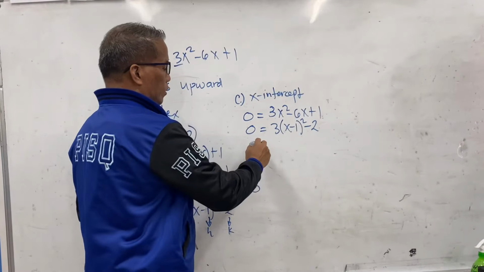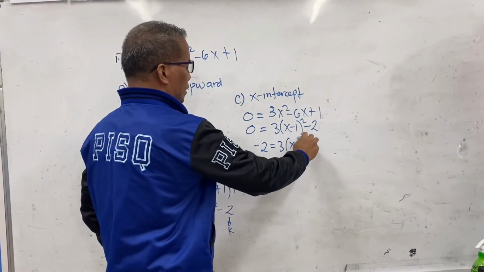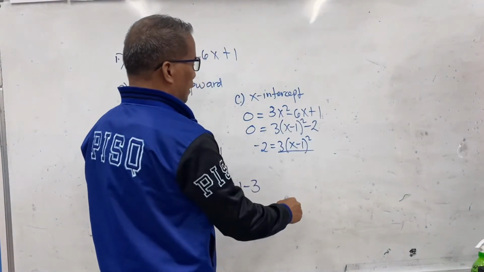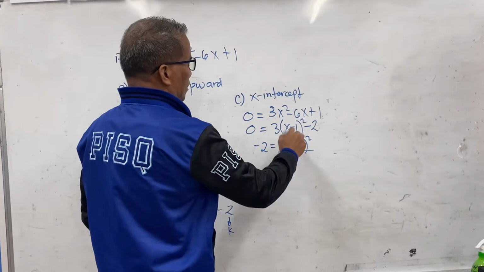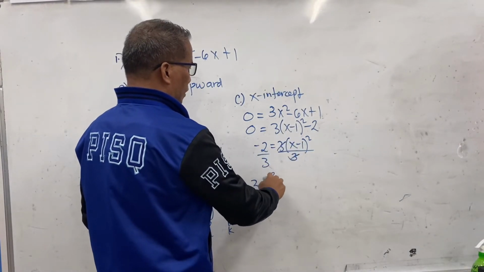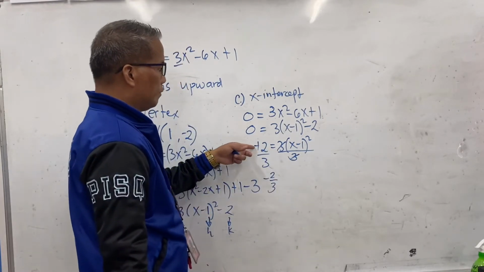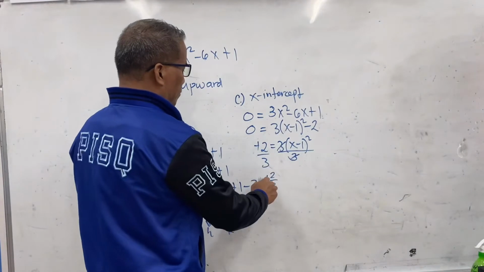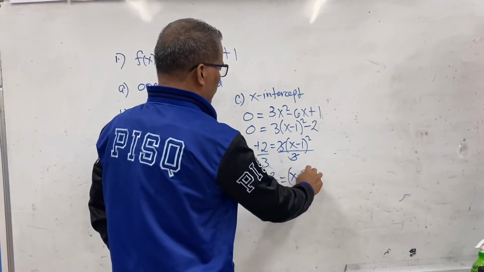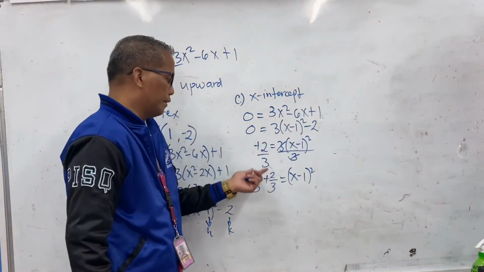Transpose negative 2, so negative 2 equals 3 times x minus 1 squared. Then divide both sides by 3. So we have negative 2/3. By the way, when we transpose, it will become positive here. So positive 2/3 equals x minus 1 squared. Don't forget, once you transpose, change the sign.